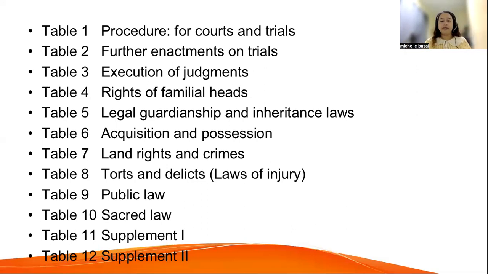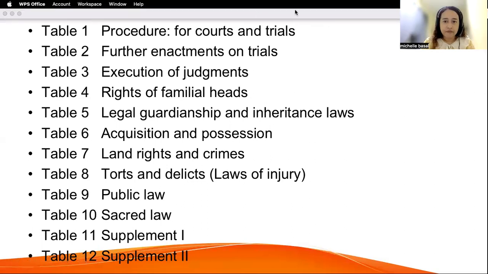Okay. Table 2 is further enactment on trials, on the proper conduct of trials. And table 3 is execution of judgments. So there was a specific step-by-step process, unlike before, when it was just loose talk.